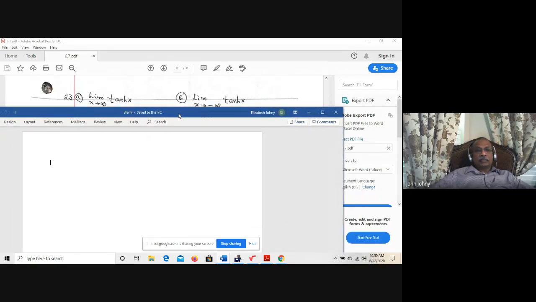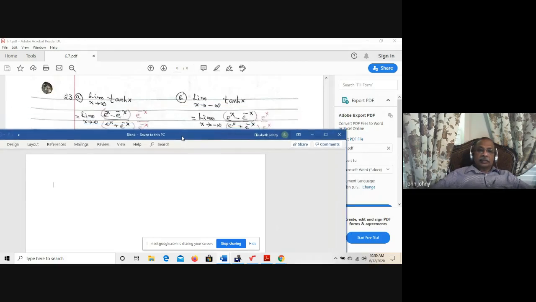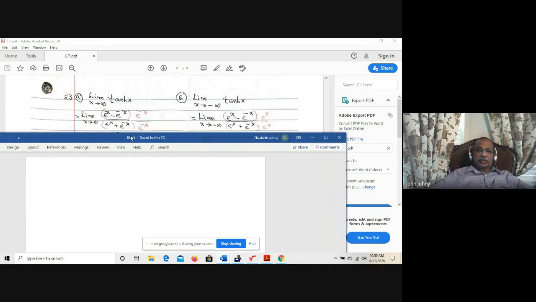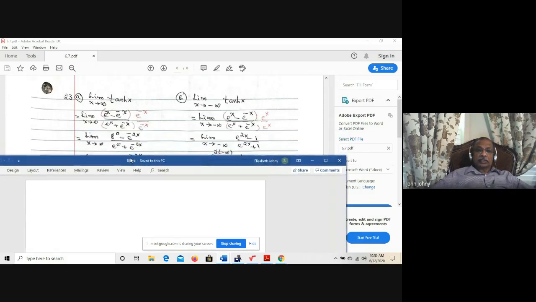Evaluate limit x approaches infinity, tanh x. That is limit x approaches infinity, e to the x minus e to the negative x divided by e to the x plus e to the negative x, multiplied by e to the negative x. You get e to the 0 minus e to the negative 2x divided by e to the 0 plus e to the negative 2x.